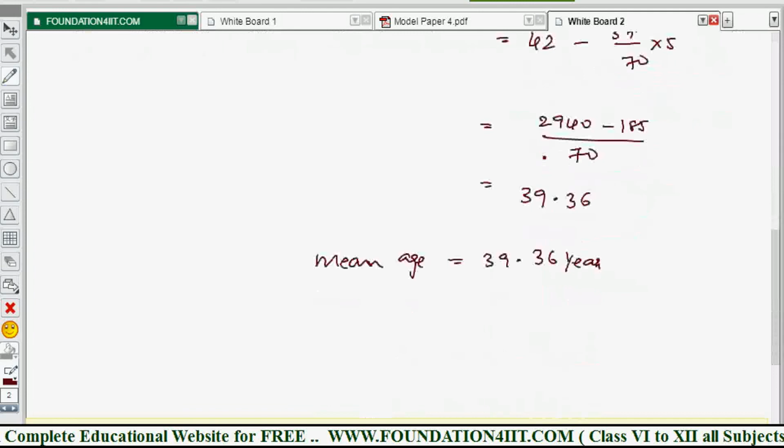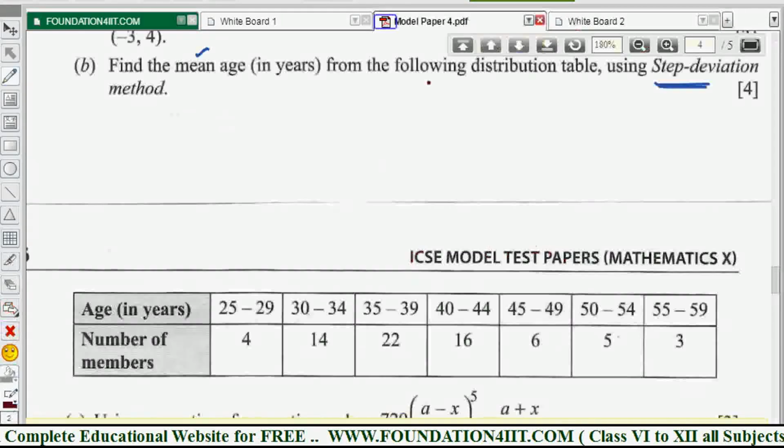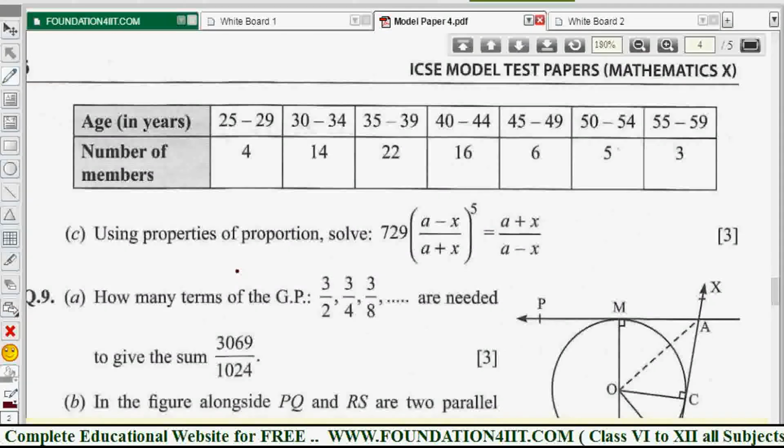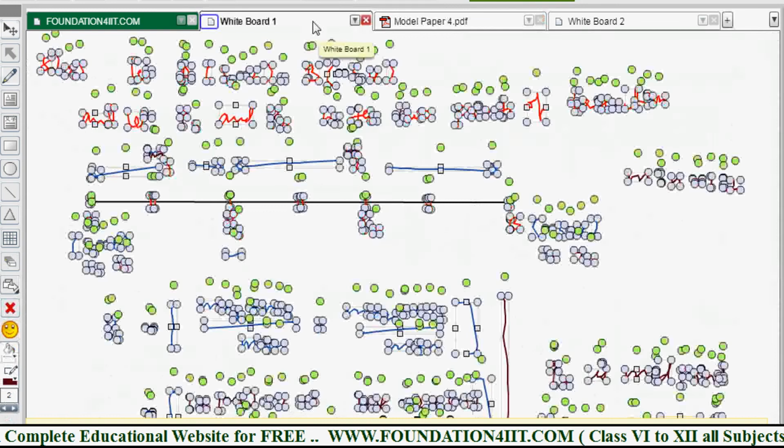Now let us see the next problem. In this next question, we are using properties of proportion. Solve 729 times (a minus x by a plus x) whole to the power 5 is equal to (a plus x) by (a minus x). Solve means we need to find the value of x. So we'll use the componendo and dividendo rules. Let me take the data.